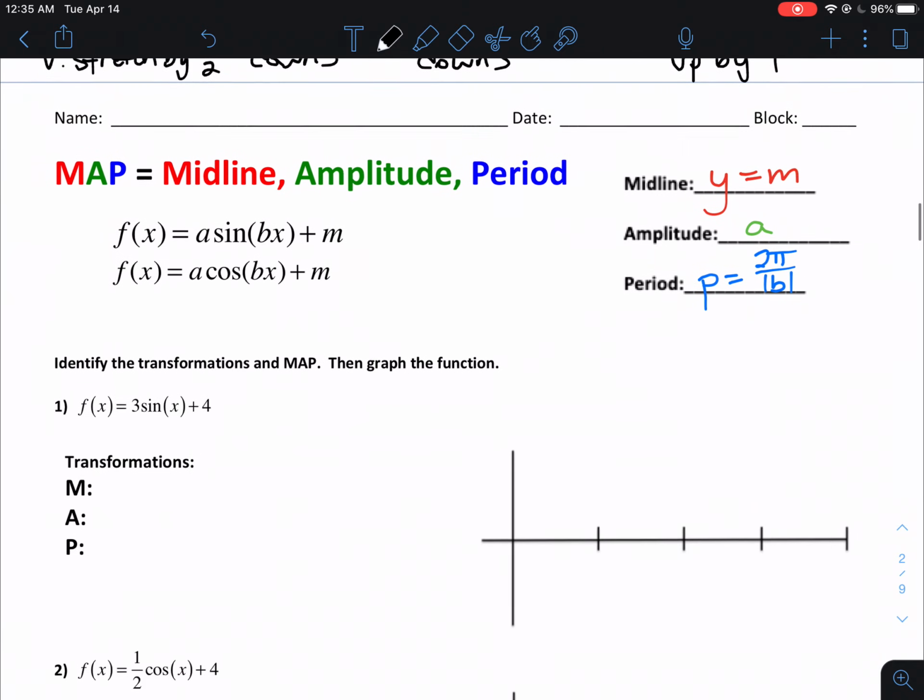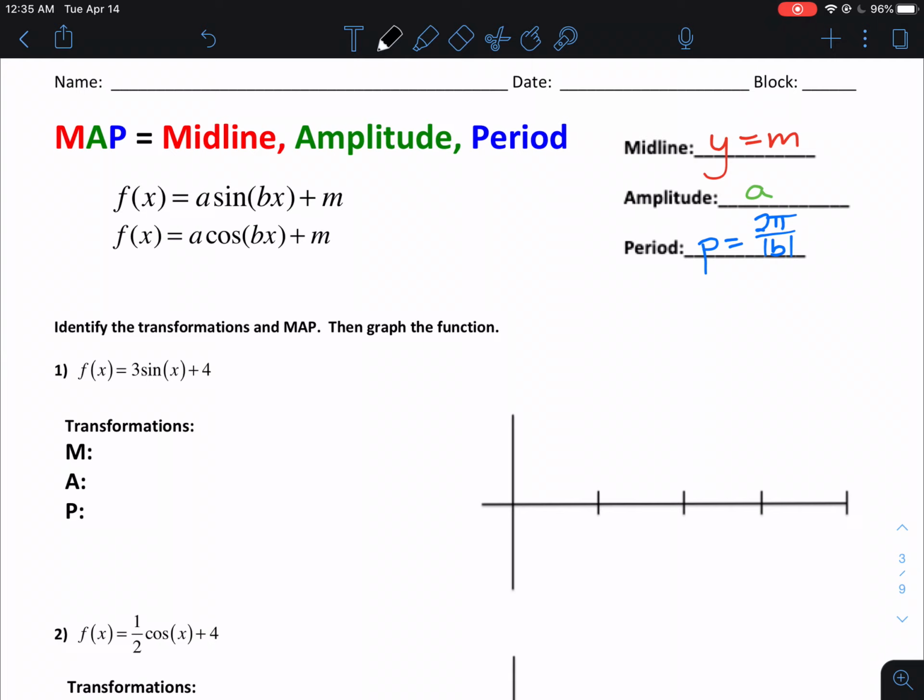Okay, cool. So let's talk about how I knew what the midline for each of those was, and then we'll also talk about how you can find the amplitude and period by looking at the equation. So regardless of whether you're looking at sine or cosine, these work the same for both, is that your midline is going to be through y equals m. So whatever your vertical translation is, whether you shift it up or down, that's going to determine where your midline is.